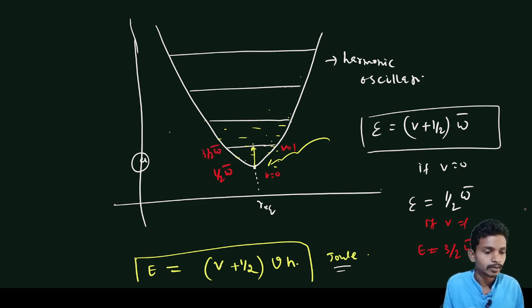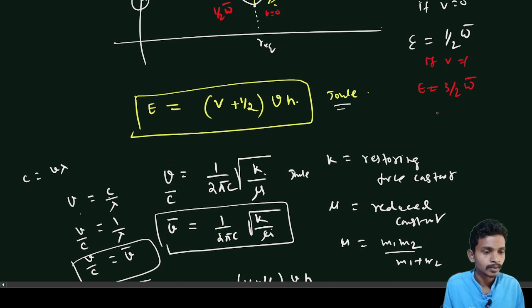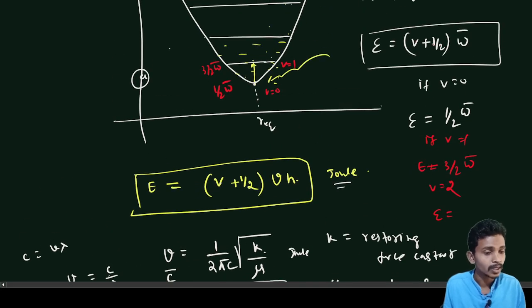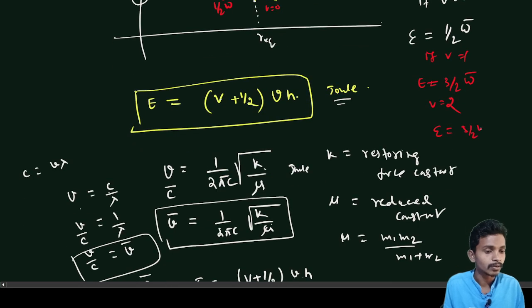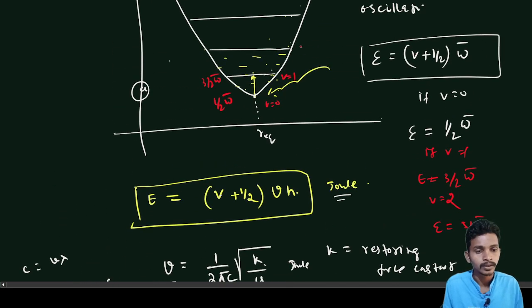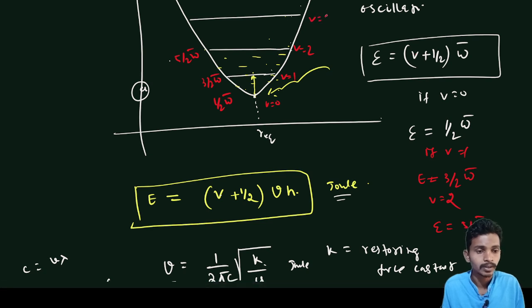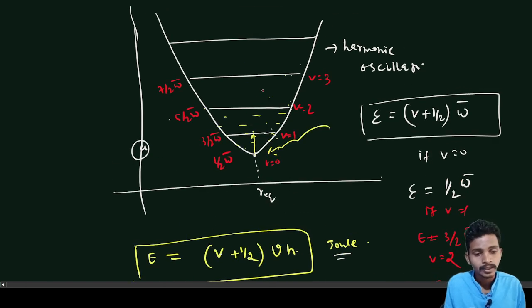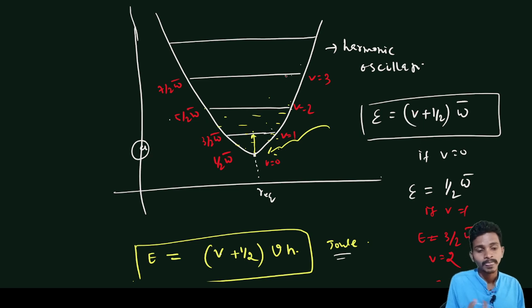And whenever v equals 3, that becomes 7 by 2 omega naught. So like this, these energy levels are arranged by using these equations. So these energies are fixed, that is quantized, we can say in quantum chemistry.